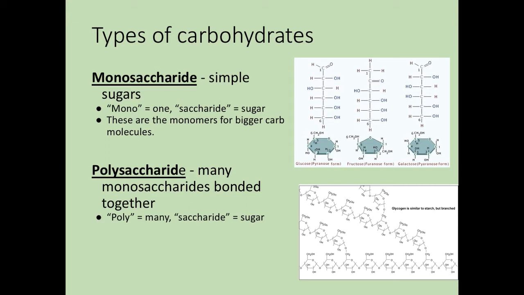Some examples of a monosaccharide would be glucose, fructose, galactose. And a good way to note if you have a carbohydrate is it ends in ose. Like glucose, fructose, galactose, lactose, cellulose, and other ones I can't think of right now. So usually if it ends in ose, that is a carbohydrate.